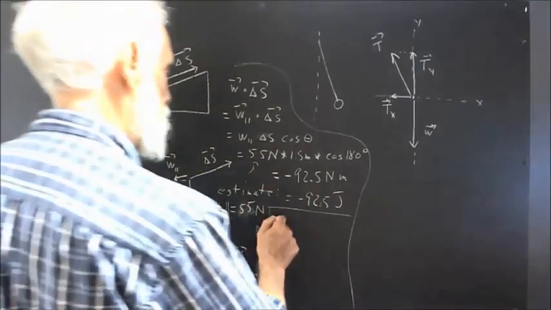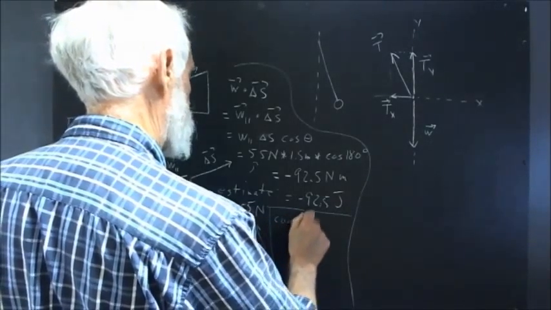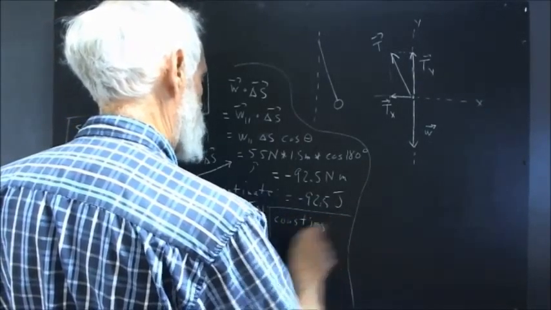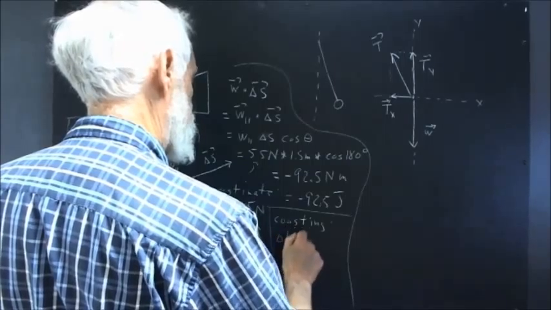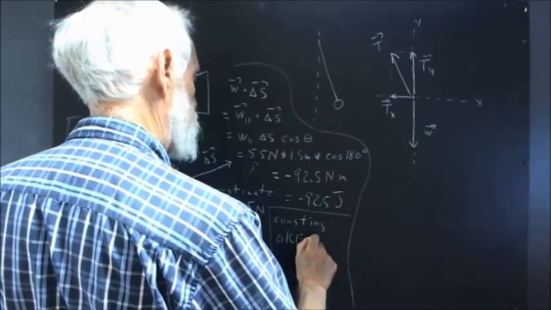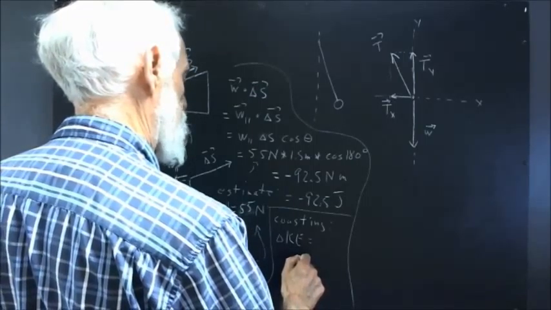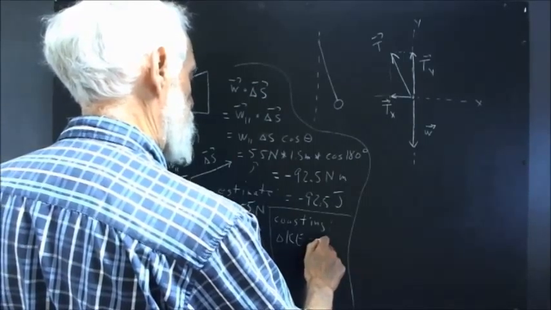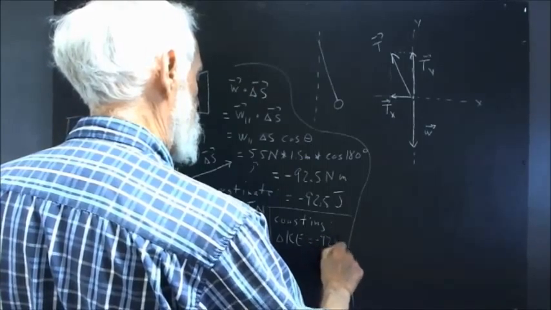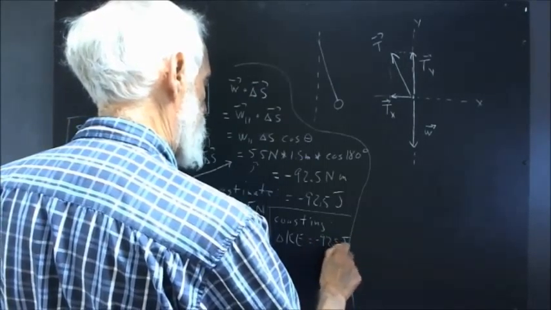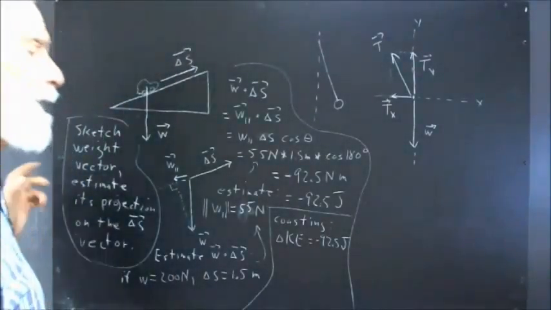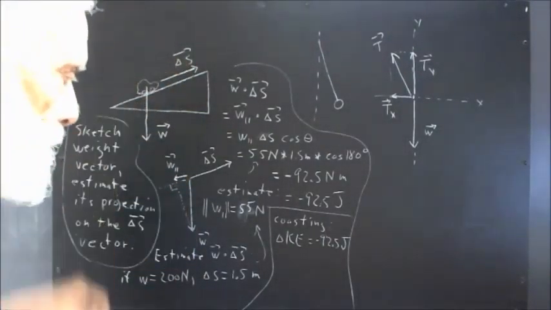So for a coasting car, delta KE would be negative 92.5 joules. That is, provided there's no other force.